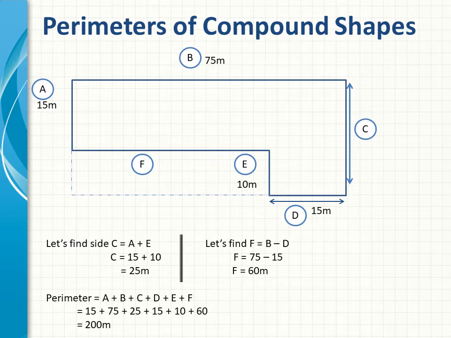So what do we need to do to find the missing side? The completed side of side A, that's this part where the arrow just came in, is 15 meters. Now look, we need to complete this little side. We need to find what this little side is to be able to know what side C would also be. So how do we now find this little portion of rectangle here?